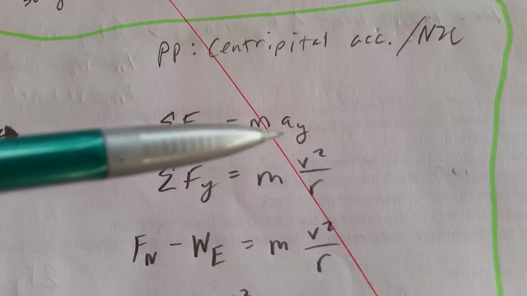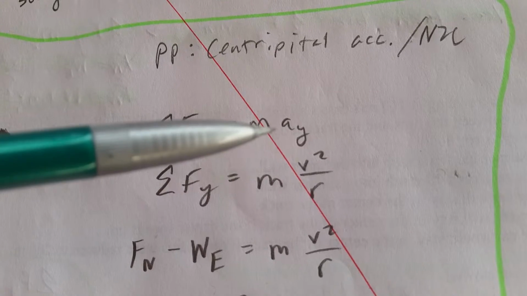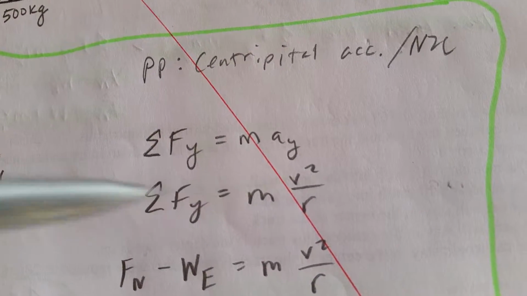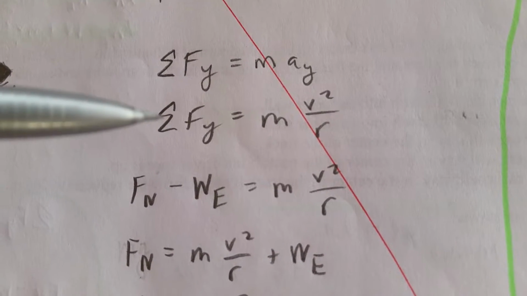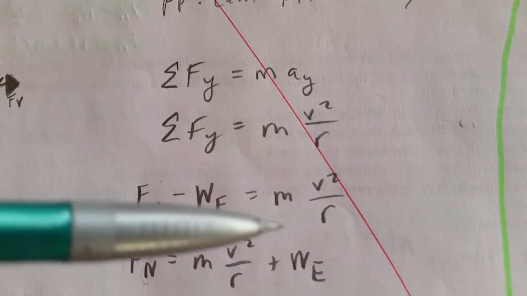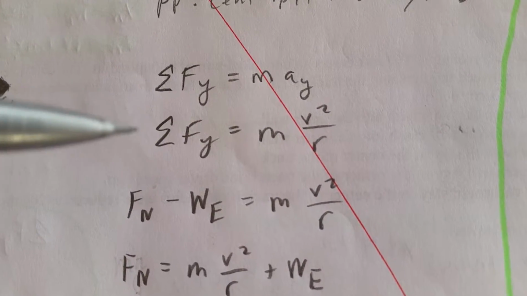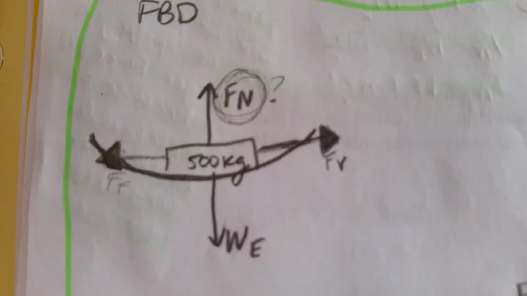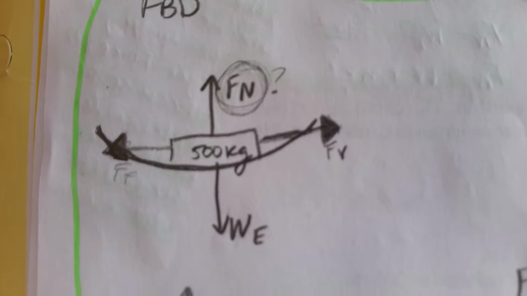So m times a_y, and the a_y is just centripetal, so you plug in the v squared over r, and then that just goes all the way down the formula. On the left hand side, the forces in the y direction are the force normal, which you're trying to solve for, and the weight of the Earth going straight down.